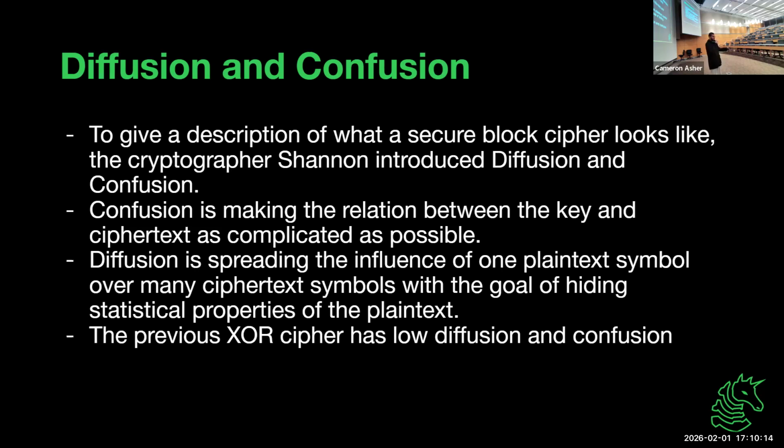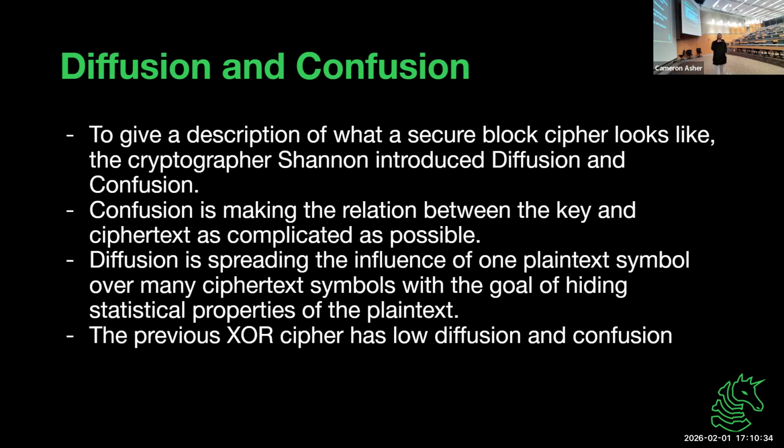In particular, we want this to be expressed using a very nonlinear function, because if we had a linear function, we can easily reverse that. And so the XOR method is bad at that because it's just a linear function.